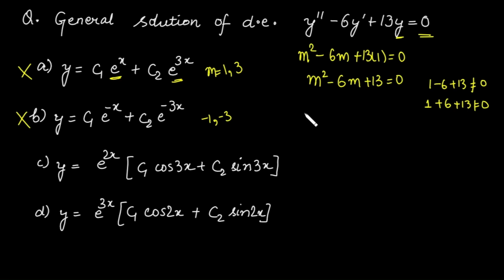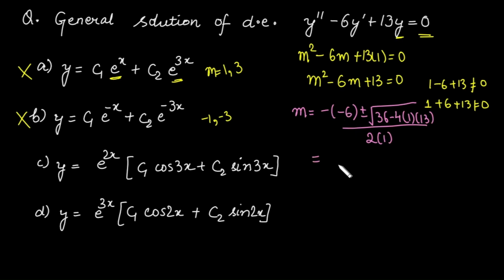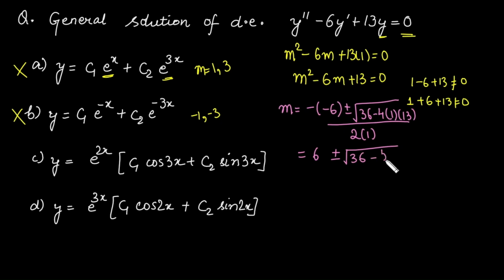So according to the formula, we can find the roots of this equation, that is equal to minus b plus minus under root b square, that is 36, minus 4 times 1 into 13, divided by twice of 1. So minus minus is plus 6 plus minus under root 36 minus 52 divided by 2.